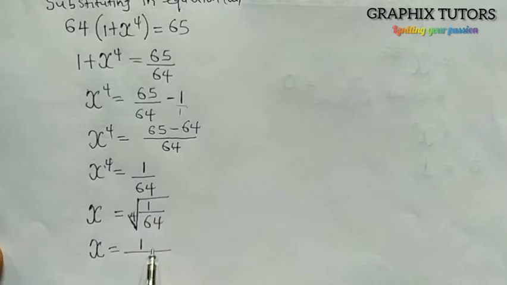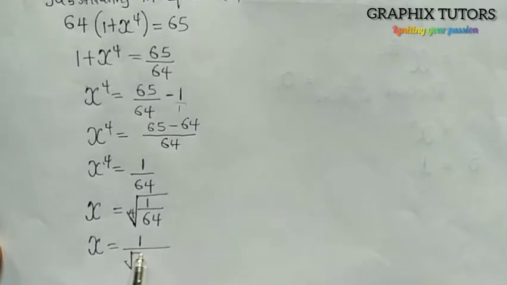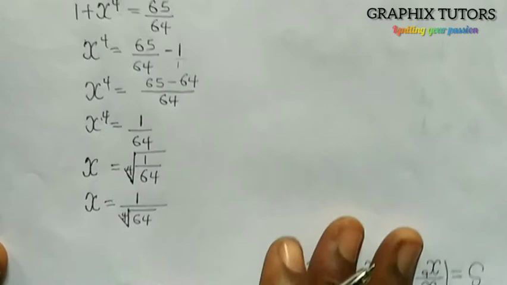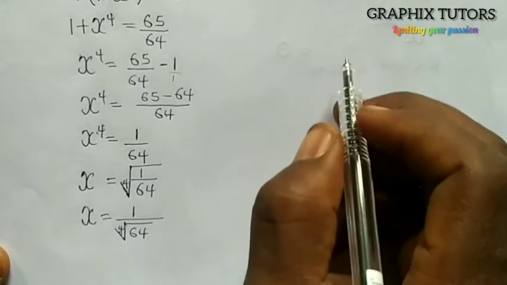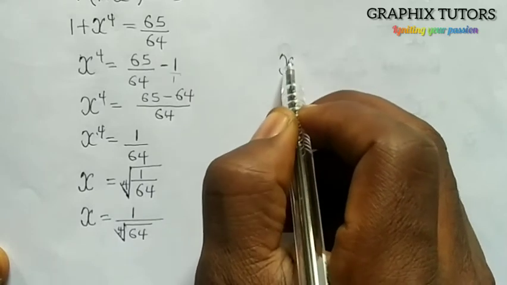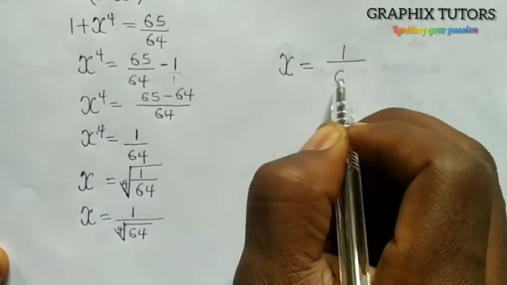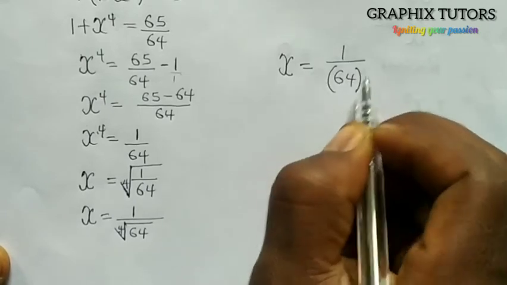for 64, we'll be having the root of 64, and I'll put my 4 in here. And this can be written as this. I can write this as this, saying that my x will now give me 1 all over 64 into bracket 1 over 4.